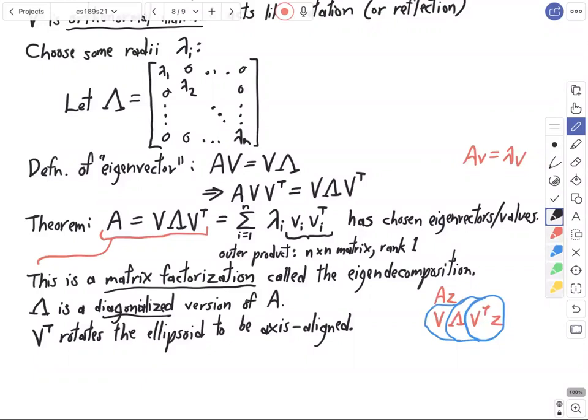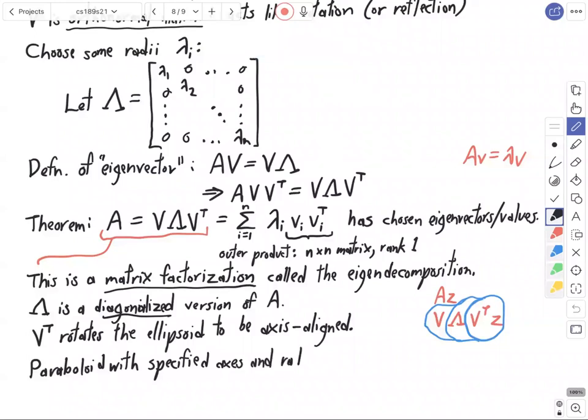Now that we've chosen our eigenvectors and eigenvalues, in other words our ellipsoid axes and our ellipsoid radii, how do I get those specified axes and radii?